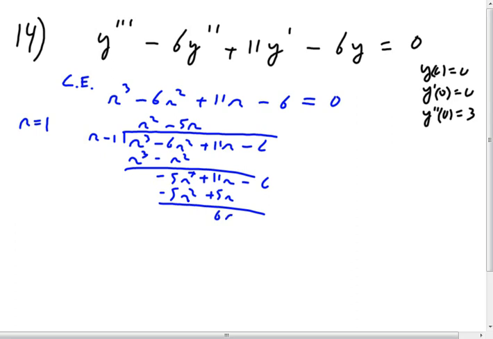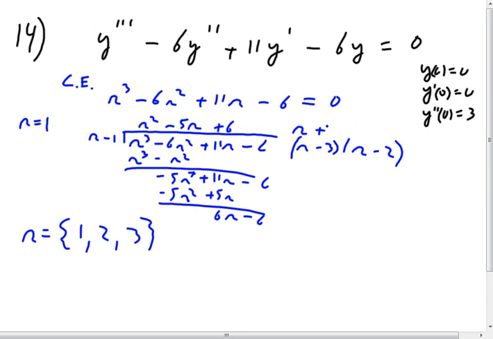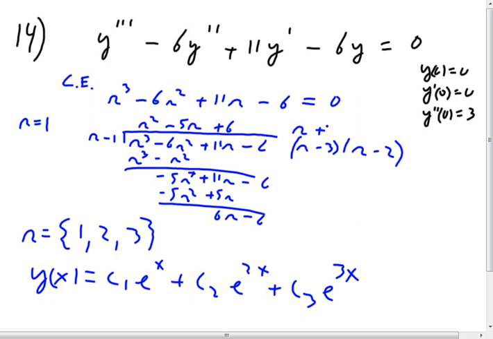That leaves 6r minus 6, and then that's plus 6, and it factors: r minus 3, r minus 2. So that means my roots will be 1, 2, and 3. And y of x is going to be c1 e to the x plus c2 e to the 2x plus c3 e to the 3x, which are the solutions they gave us, right?